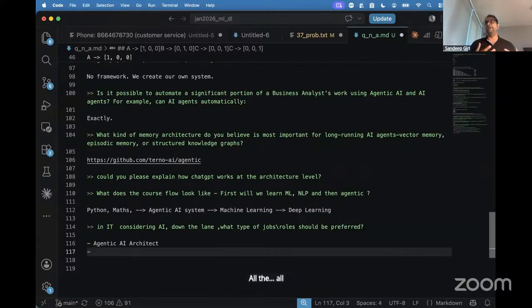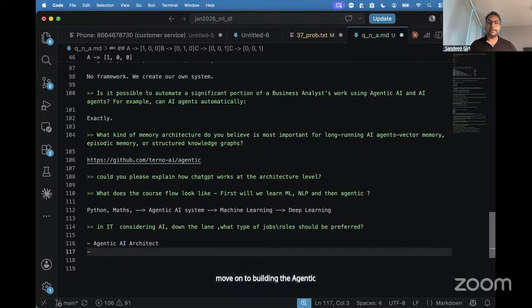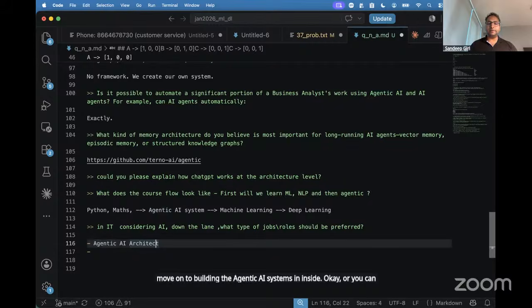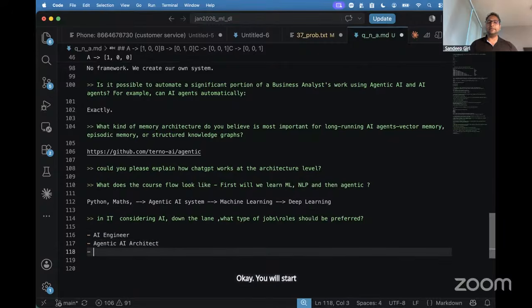All the people who have been working as customer support agents and so on will move on to building agentic AI systems inside. Or you can say they are called AI engineers. You will start seeing these titles very soon.